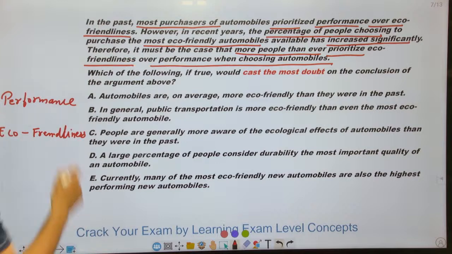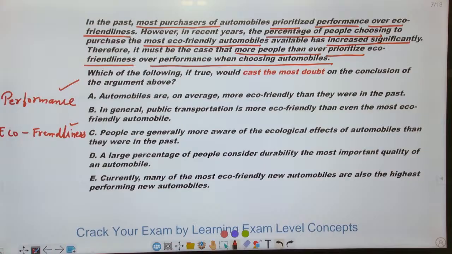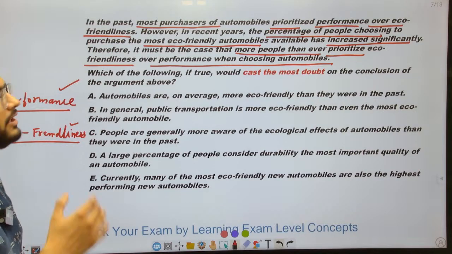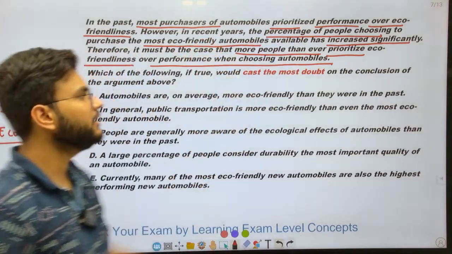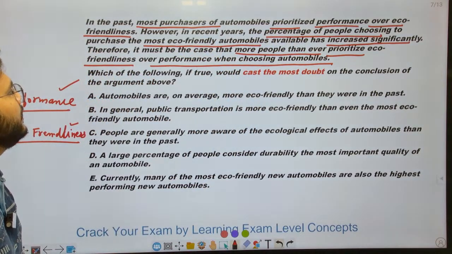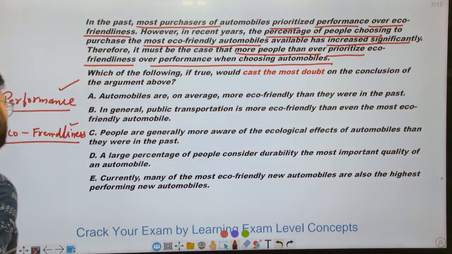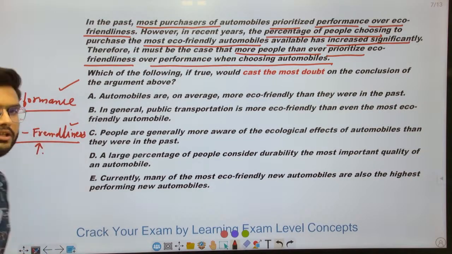Earlier, this was more important compared to the other option. The factor of performance was chosen by most of the people. But now, over the period, things have changed. The percentage of people choosing eco-friendly automobiles has also increased significantly. The purchase of eco-friendly automobiles has improved.